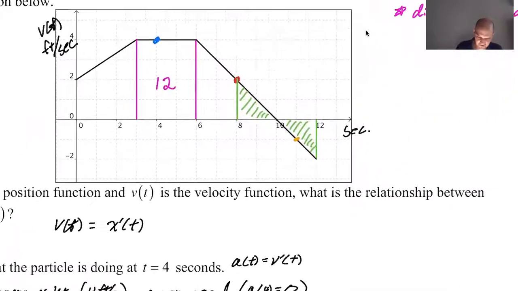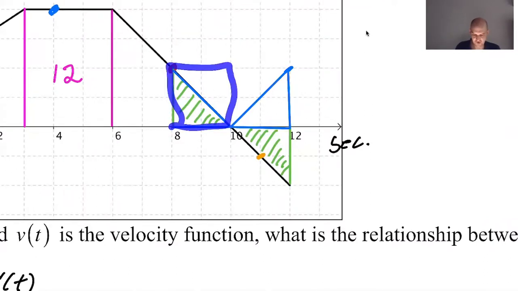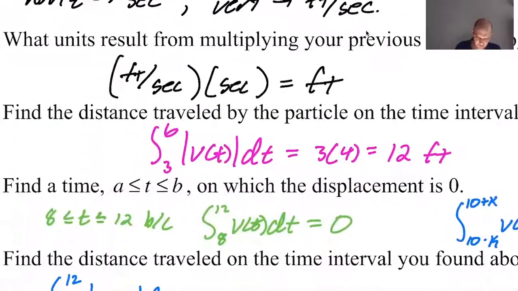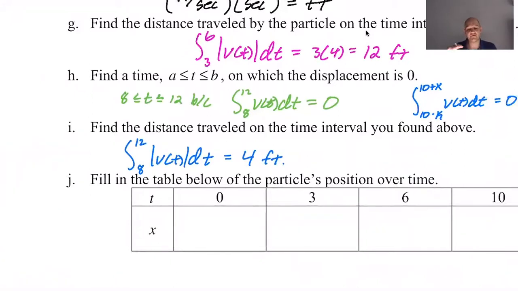You can actually just do 8 to 10 and then double it, which I might recommend because the absolute value is going to give you kind of this graph. If I go from 8 to 10, that's half of 4, so 2, and then double it gives me 4. So that's going to be 4 feet. That's our distance traveled. Our displacement is 0, but our distance traveled is 4.